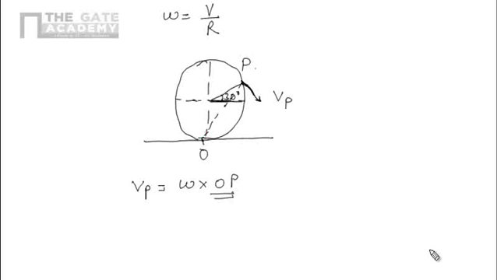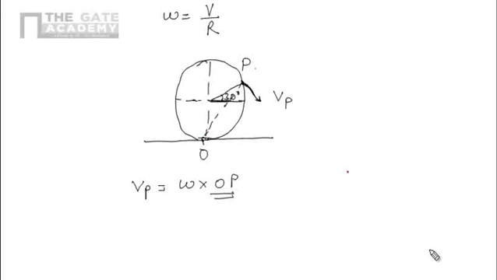Why am I taking distance from here? Because O is the instantaneous center at that moment. So about O, the disk will be in pure rotation. That is the point of rotation, and that is the point where we are interested in linear velocity. So we have to take OP.